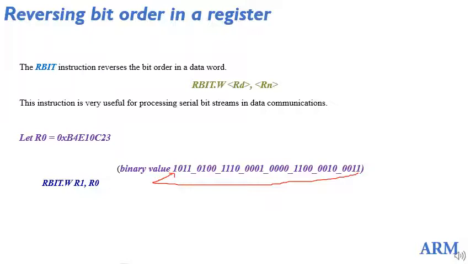So the topmost nibble will be 1100. So this is done. Next one is 0010, and if you reverse this, it is 0100. Next one is 0011.